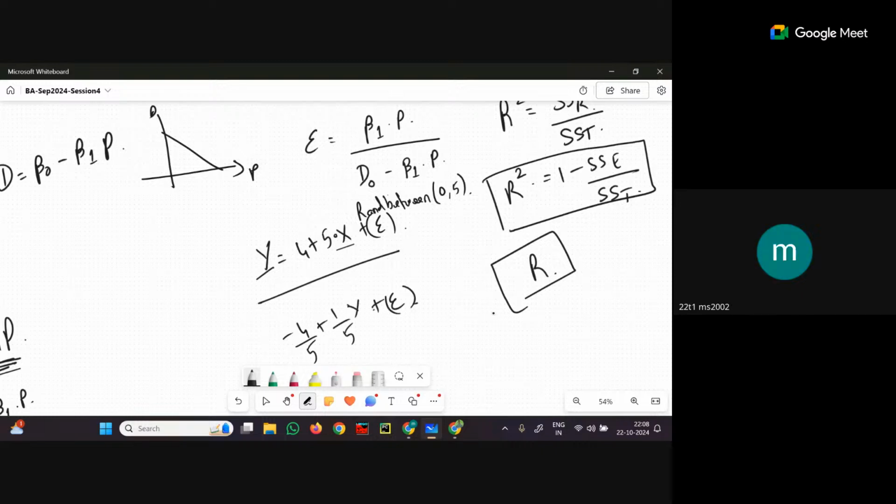Because of the epsilon it might change, but you should almost get the same numbers. R square should be the same. That's what I mean. Just try this. Fine, I'll try this for a data set and check it out. Logically speaking, it should be the same. I will also do it.